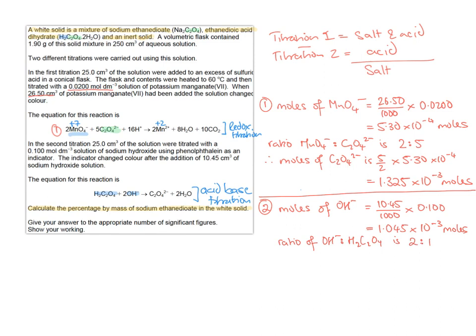So what that tells us is that the moles of ethane dioic acid must be half the number of moles of hydroxide. So 1/2 times 1.045 times 10 to the minus 3 equals 5.225 times 10 to the minus 4 moles.